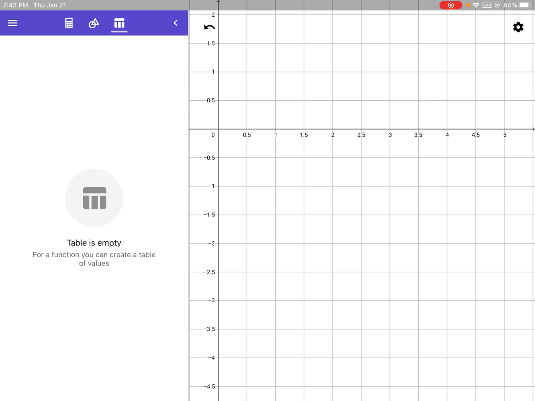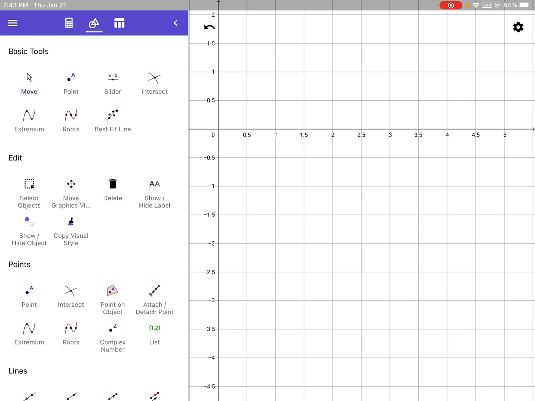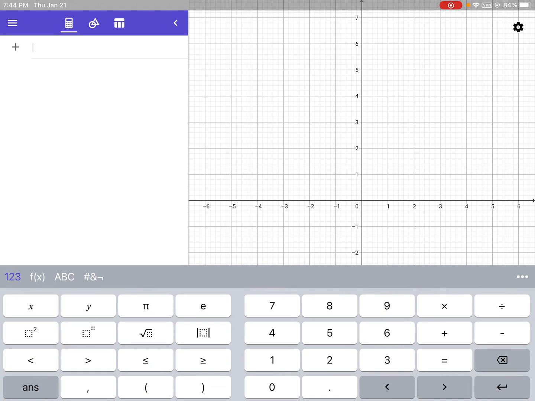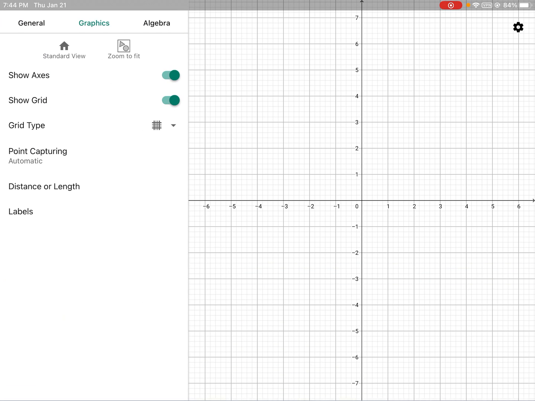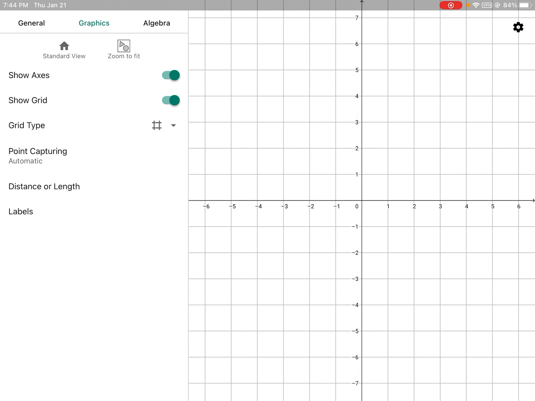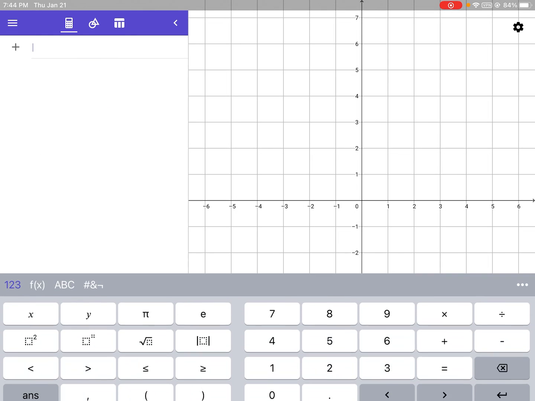There we go. Clear all. I like just the major grid lines. So go to input.